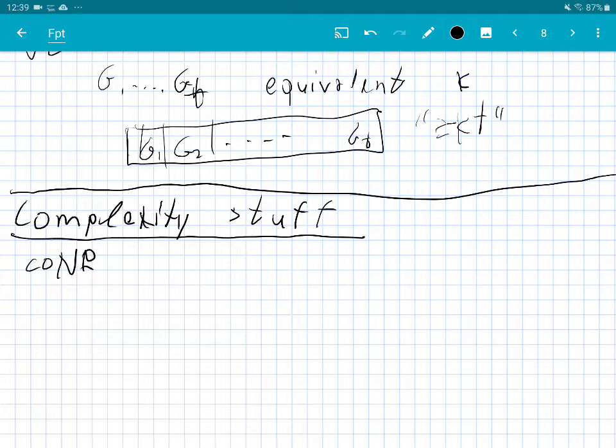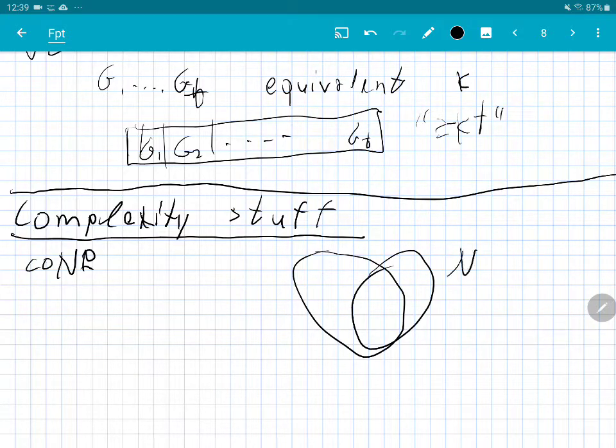Okay, and of course, to remind you, this is NP, this is coNP, and the intersection, of course, is P, and the belief is that they are different, and the NP-complete or NP-hard problems are somewhere here, right? So that is the belief of the situation.